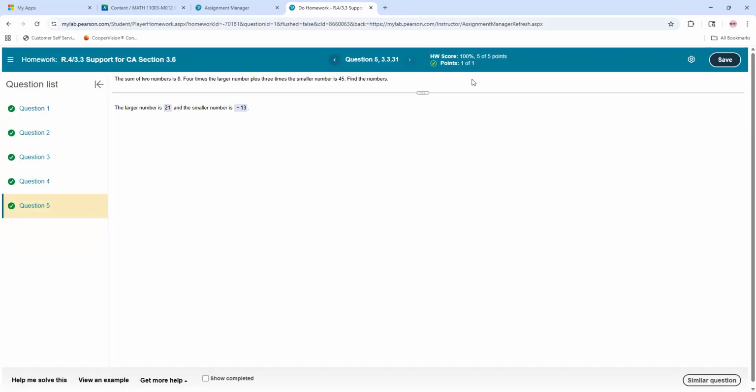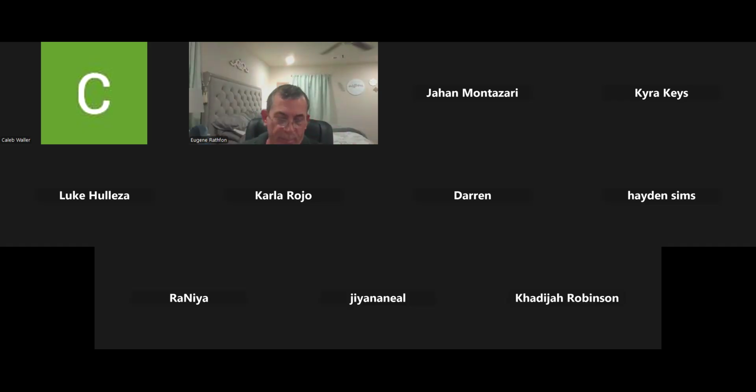So that's your trick on those support. That's just getting you ready for Wednesday. Now, Wednesday will have word problems, but they'll deal with 3 variables, okay? So support, you had 2 variables. 3.6 will be 3 variables, okay?